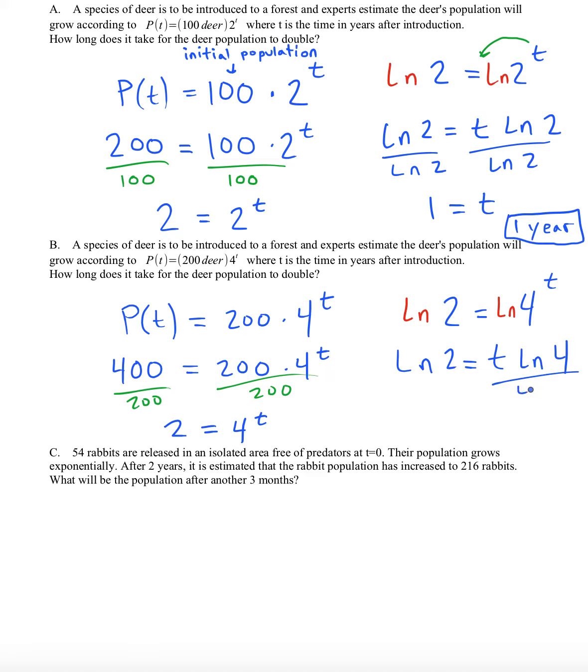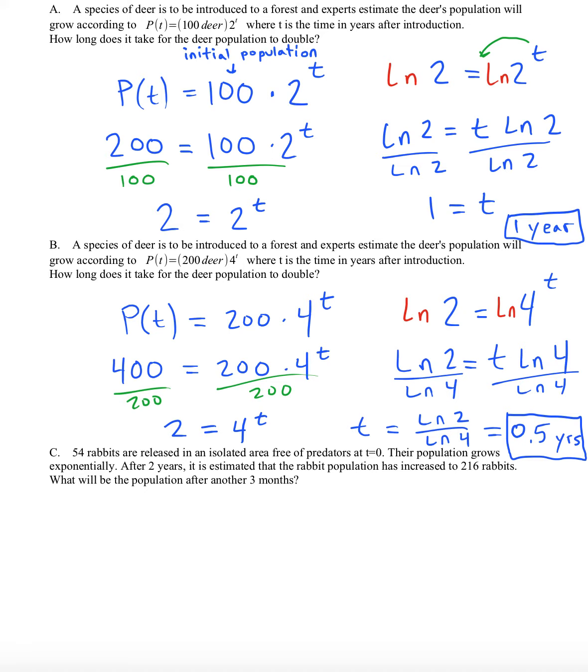And finally, we'll divide by ln 4, revealing that t is ln 2 over ln 4, which is 0.5 years. So that was a faster growing population.